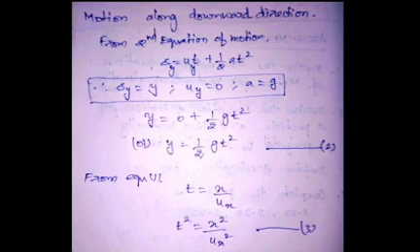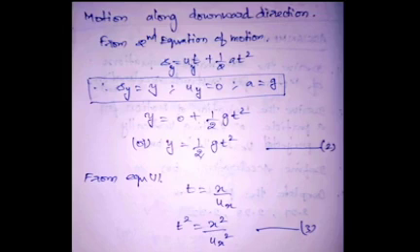Substituting s of y equal to y, u of y equal to 0, and a equal to g, the acceleration due to gravity, we get y equal to 0 plus half gt square, or simply y equal to half gt square. This is equation number 2.